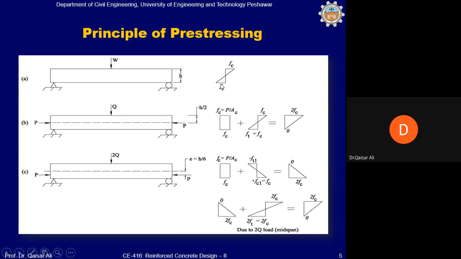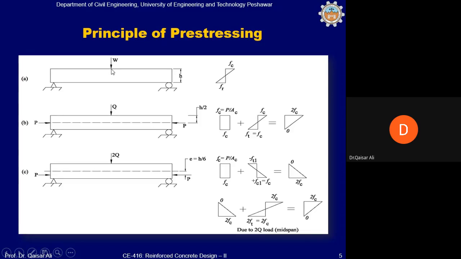The maximum compression and the maximum stretching will occur at the midspan, in the extreme fibers, because the bending moment is maximum at the midspan.